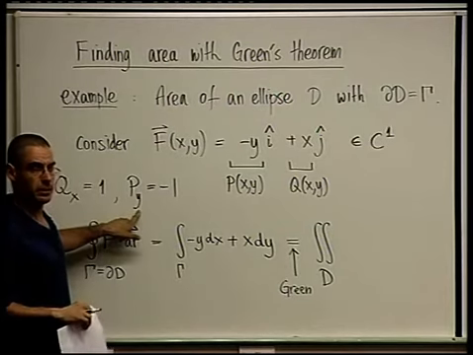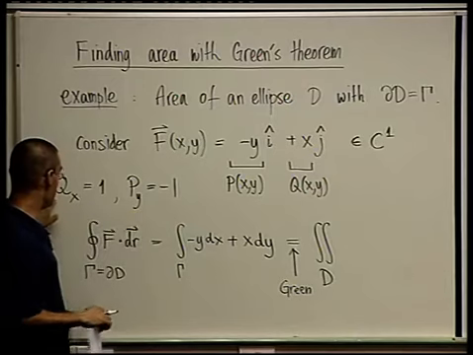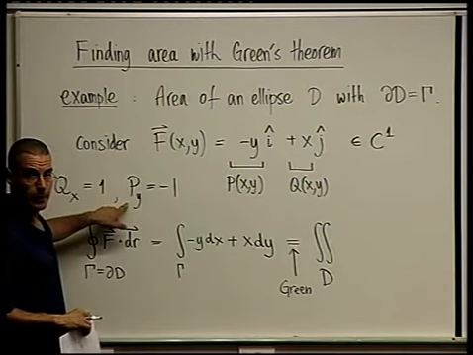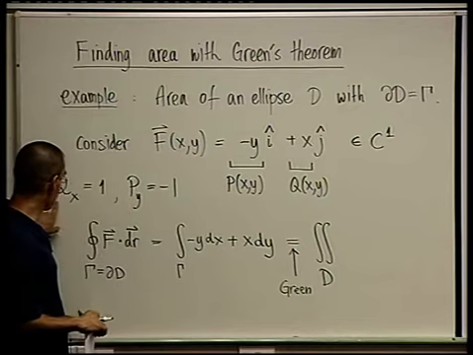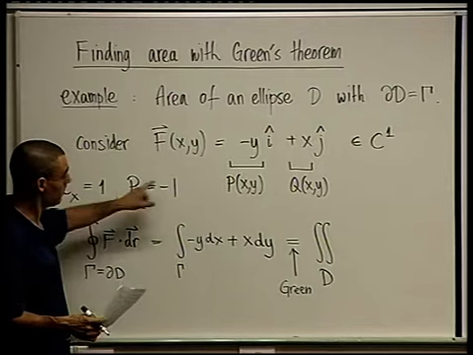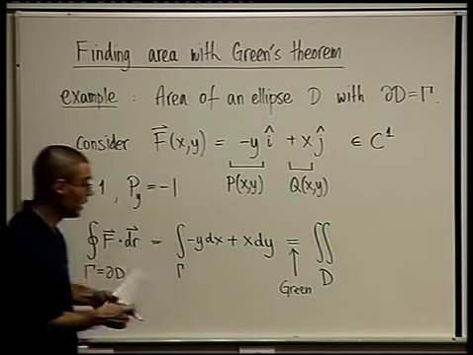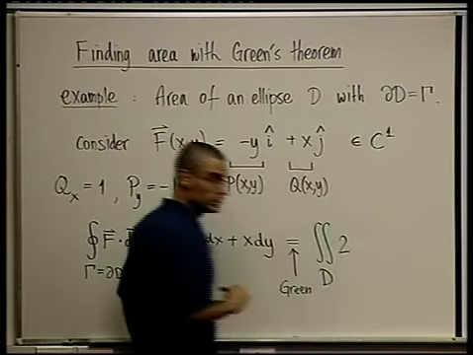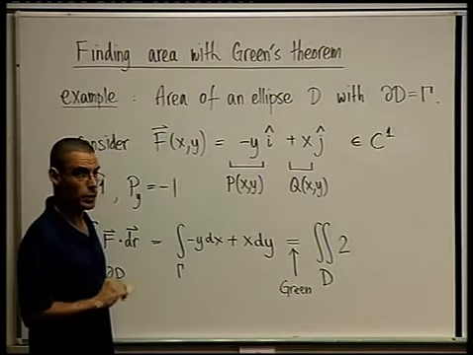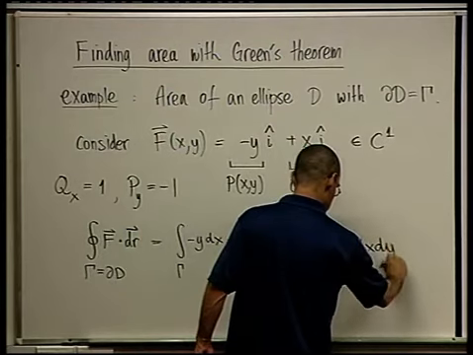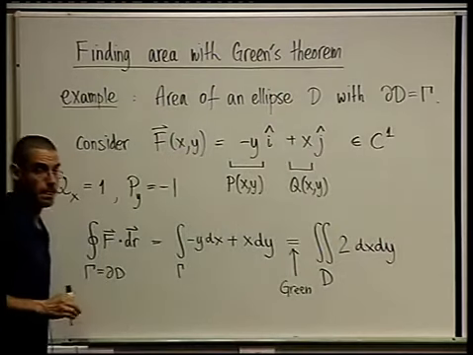That was Green's theorem, right? dQ over dx minus dP over dy. So Q_x is 1, minus P_y, minus 1, is plus 1. So what I get here is 2, dx dy. Good?